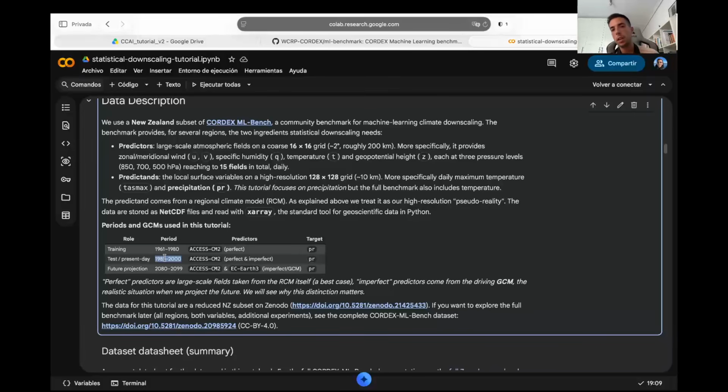Because you have to think that within the perfect prognosis approach, we are going to train the deep learning model in a historical period with observational datasets. And then we may apply the model to a GCM in the future. So the model has to be able to extrapolate to the future. And if you know about machine learning and deep learning, extrapolation is quite challenging for these models.